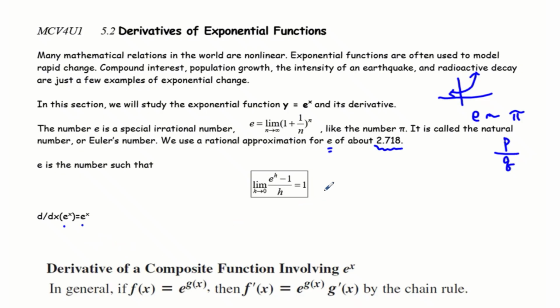So here I want to explore a little bit, but you don't have to know any of this proof. I just find that it's good to know why it works, okay? So the definition of e is this one, which I will write with the exponent n.